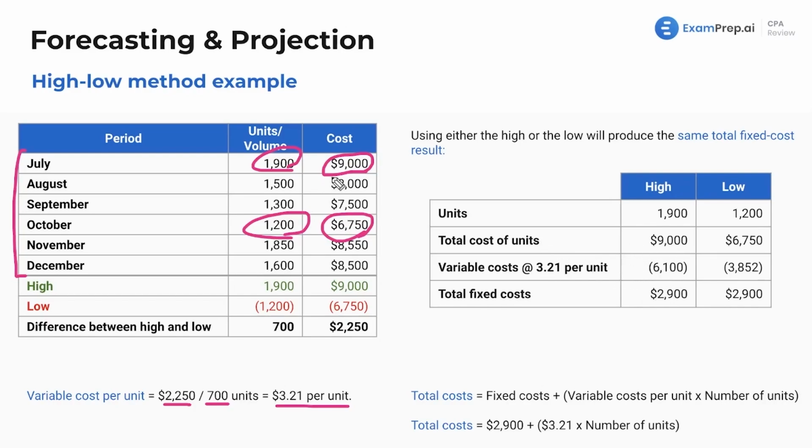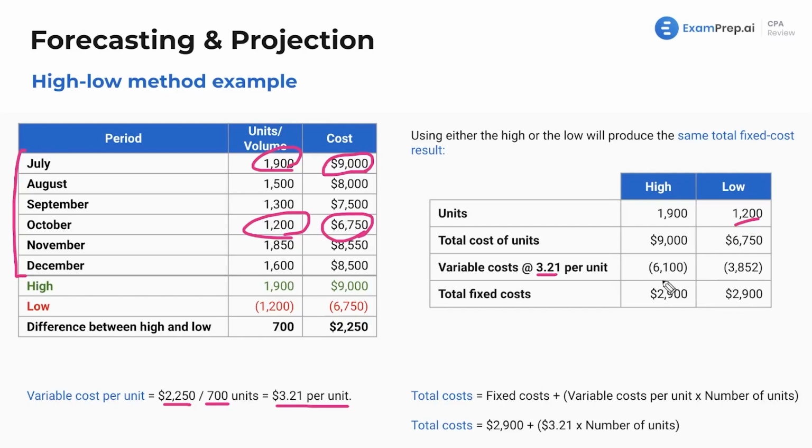Now, if we do the low, we use the 1,200 units. Total cost is 6,750. And we take $3.21 times our amount of units to get 3,852. The difference is 6,750 minus 3,852. Again, I rounded by a few dollars, no worries, just to get these clean numbers. But yes, you see that it does match up.